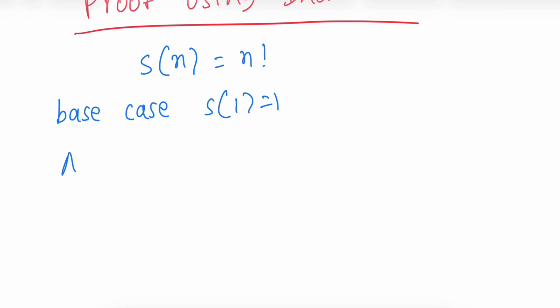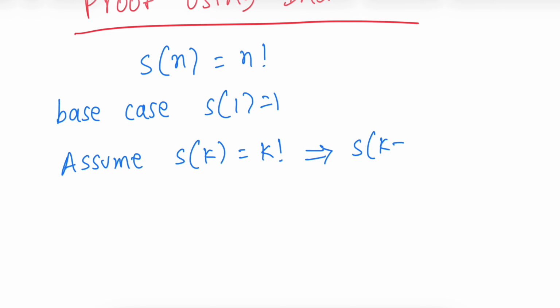Next, we assume it's true for some k kids. So we assume S(k) is true, and then we need to prove that S(k+1) is equal to (k+1) factorial, right?